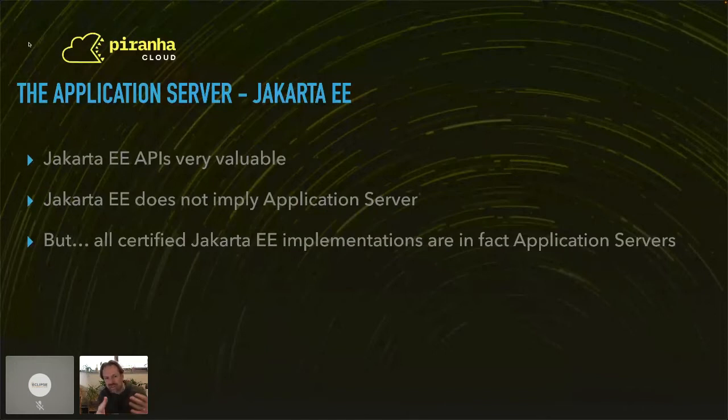So it's easier to accidentally use an implementation-specific thing there. And with Jakarta EE, this is far less the case. It can still be done, but it's not that often that this happens.